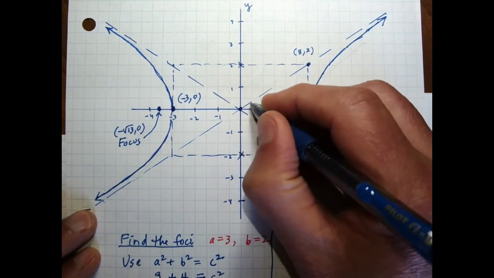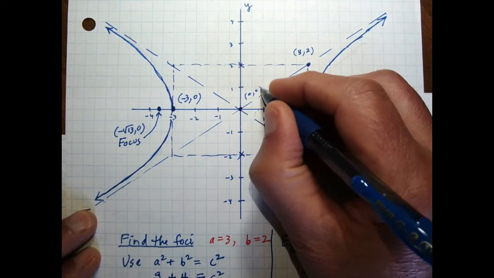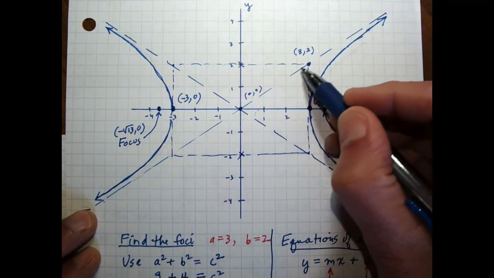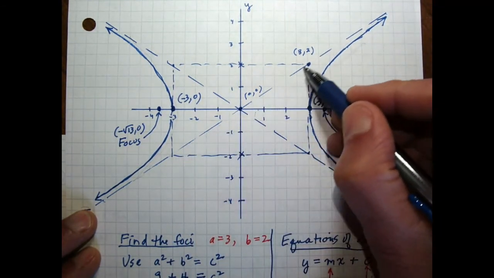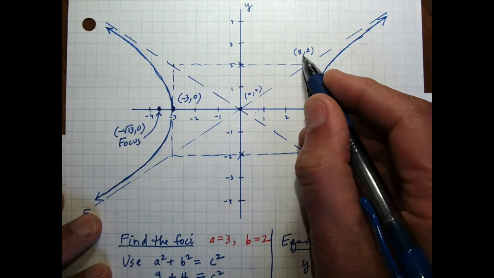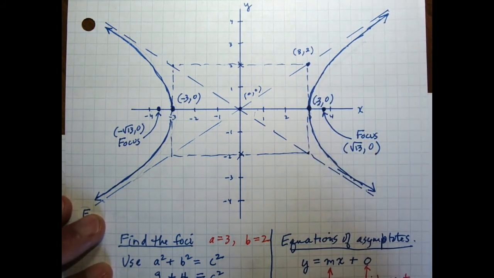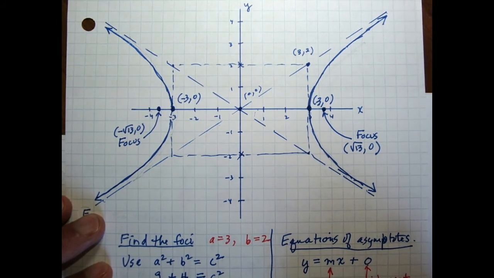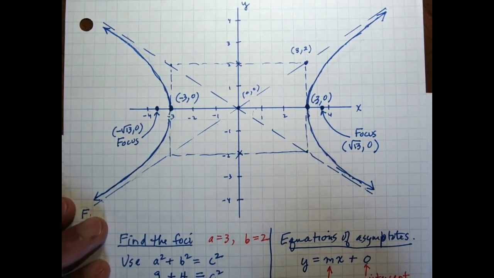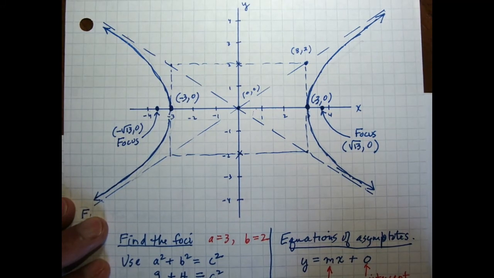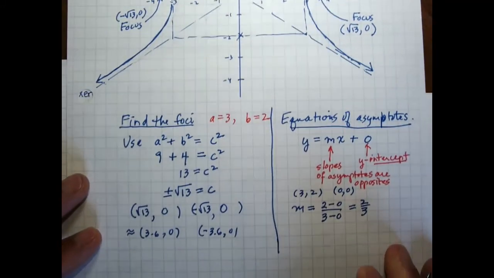Remember, each asymptote goes through 0, 0. So for this one asymptote, to calculate its slope, I can use 3, 2, and 0, 0. M is going to be the difference of the y's, 2 minus 0, over the difference of the x's, 3 minus 0, which is 2/3.